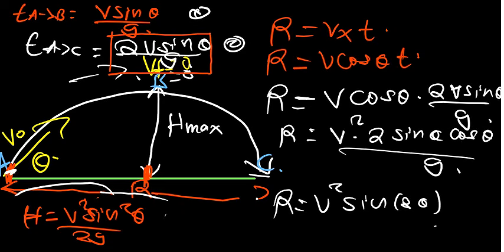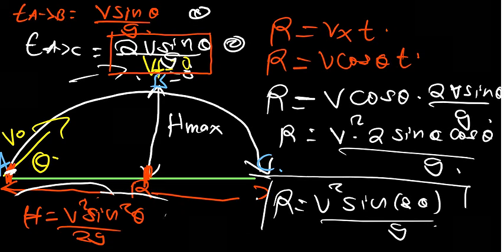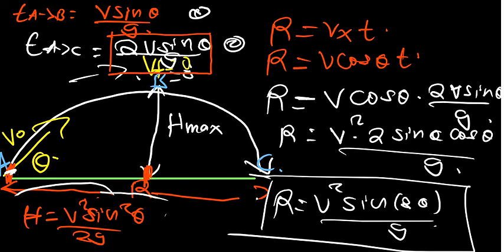So this is the formula for finding range in the second trajectory. Unless you have questions. Do you have questions? So in short, this is what you need to know under second trajectory.